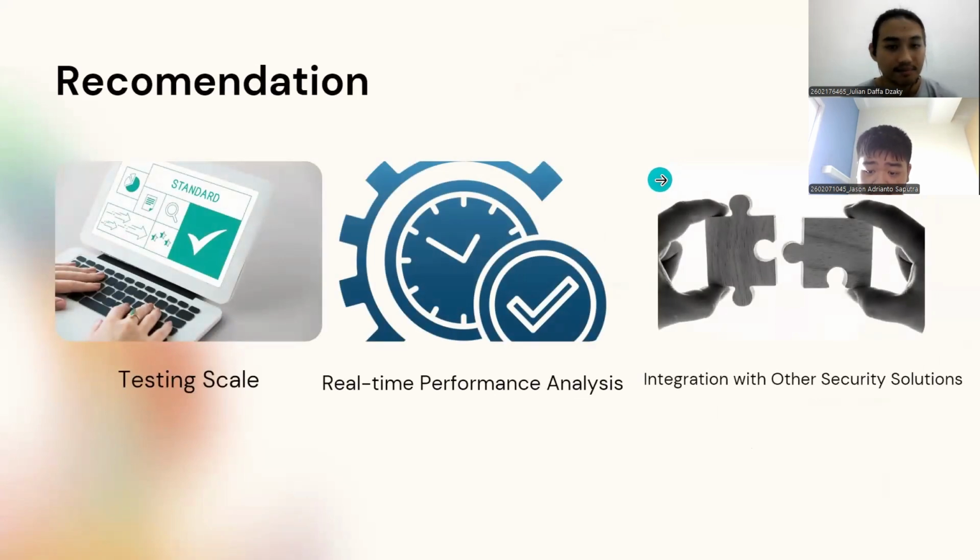For future research and practical applications, we recommend, one, integration with other security solutions. Evaluate the effectiveness of integrating Anycast routing with other security solutions, such as web application firewall or intrusion detection system, to improve overall protection. Two, testing at a larger scale.